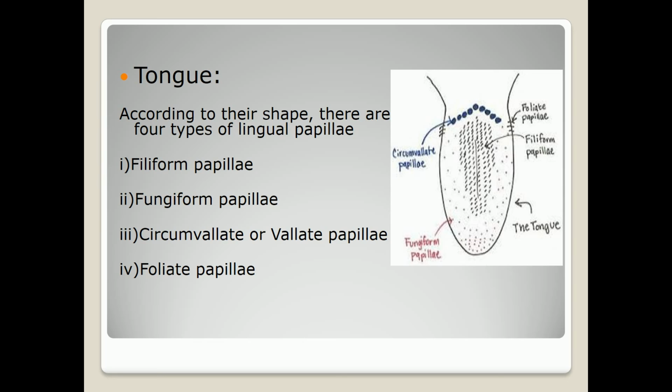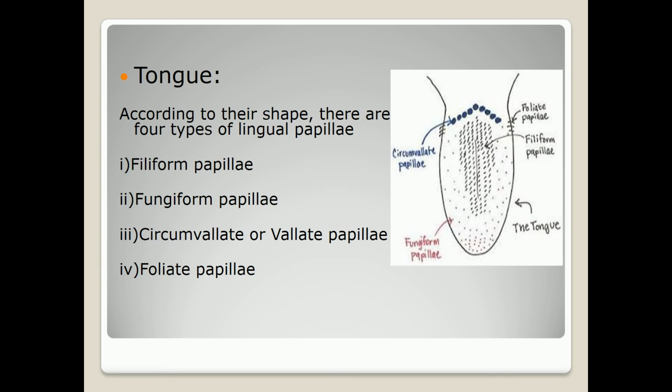Then circumvallate. They are arranged along a V-shaped line, with the apex of the V pointing posteriorly. This row demarcates the papillated anterior 2/3 part of the tongue from the non-papillated posterior 1/3.